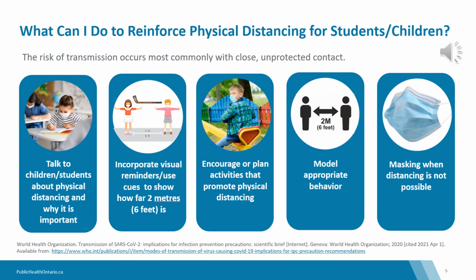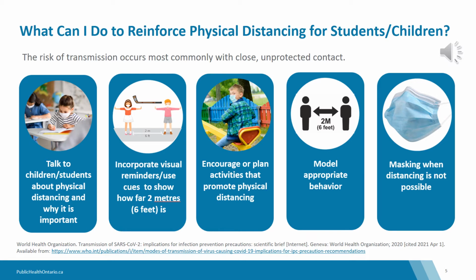Consider physical distancing depending on the local context and the age of the students or children. The risk of transmission occurs most commonly with close, unprotected contact. This slide provides a few examples of what you can do to reinforce physical distancing with students or children when indicated. Talk to students or children about physical distancing and why it is important in a non-judgmental manner.